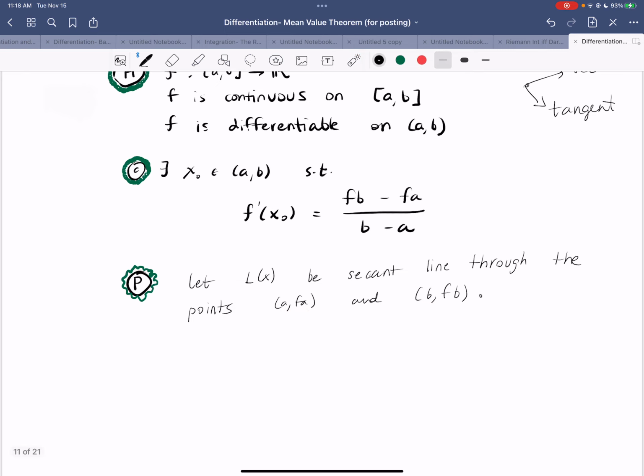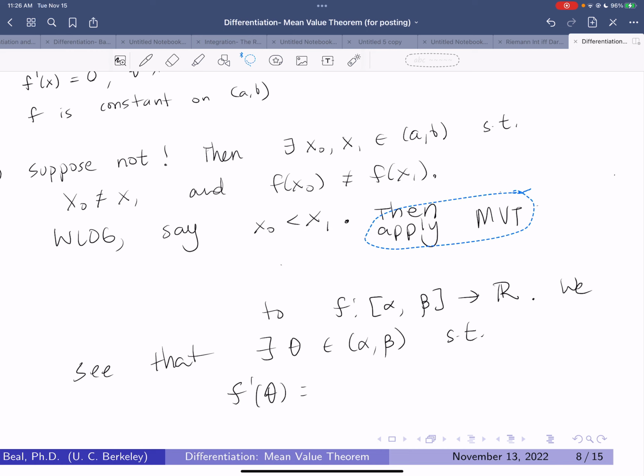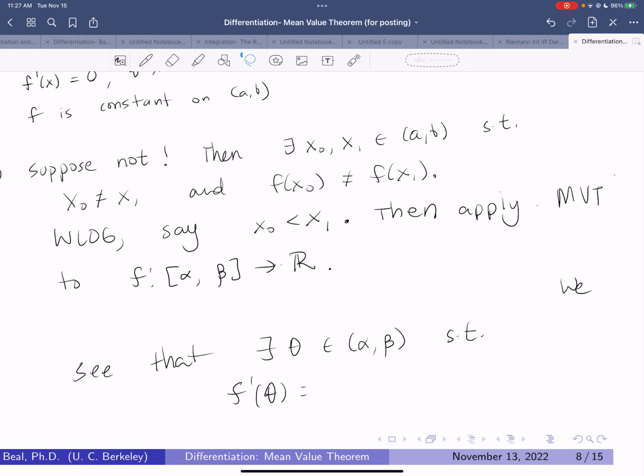So let's see here. So we'll say then, apply the mean value theorem to f, and now I want to just say f goes from x0 to x1.